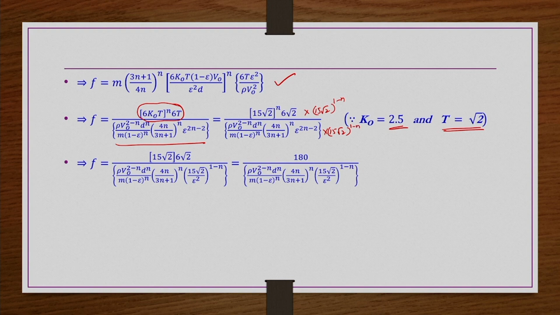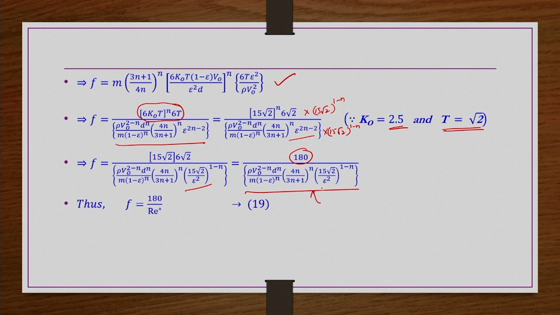So that in the numerator we have only 15 square root of 2, and in the denominator, 15 square root of 2 divided by epsilon squared, whole power 1 minus n, we can write, and the rest of the terms are as they are. So this 15 square root of 2 times 6 square root of 2 is nothing but 180, divided by all these things as they are. So this is in the form 180 by Re, right.